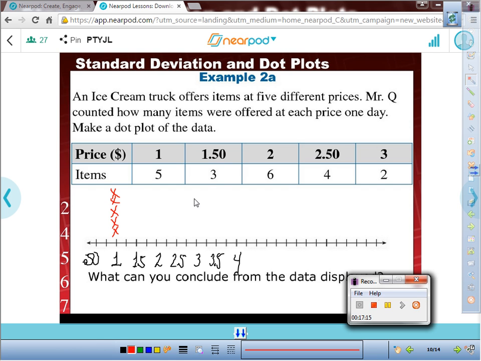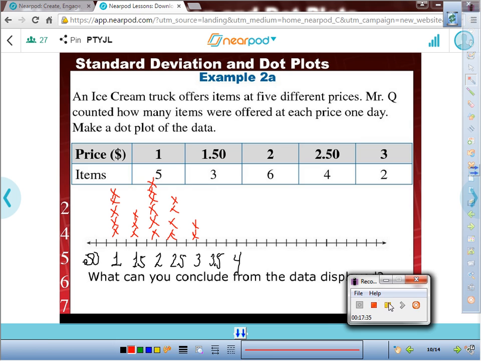How many items of the $1.50? 3. How many items of the $2? 6. How many items of the $2.50? 4 of them. How many items of the $3? 2.